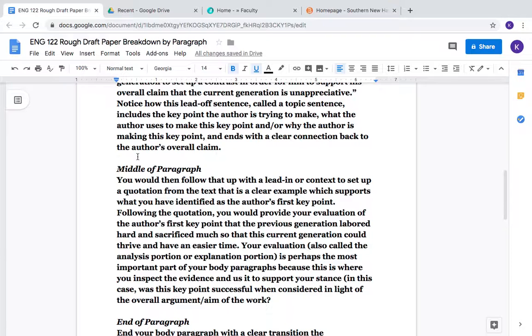And in particular, because you're going to almost assuredly use quotations as your evidence, because you're dissecting the written work, you want to make sure that you are evaluating the author and his success or lack of success as reflected in the quotation, because the quotation, remember, is your evidence. It's your support for whatever you said in that topic sentence.